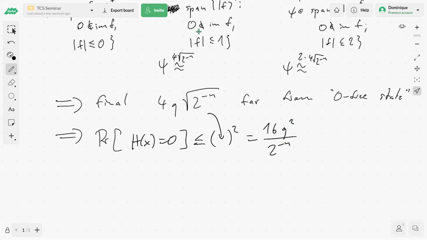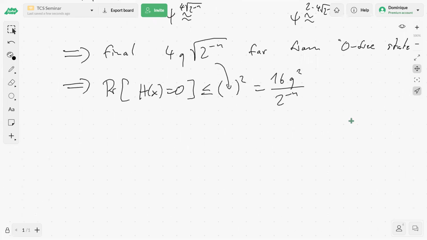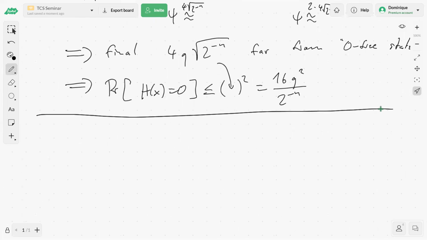But one thing I haven't told you yet is how do we find out these error terms? Because how do we know that they are small? And this is actually the main contribution. The main technical contribution is a theorem which I will only sketch here, but it has the main parts here.